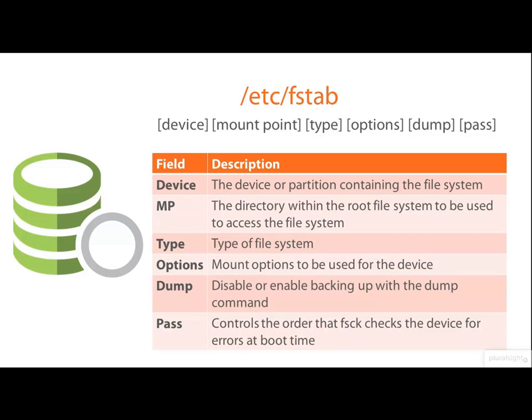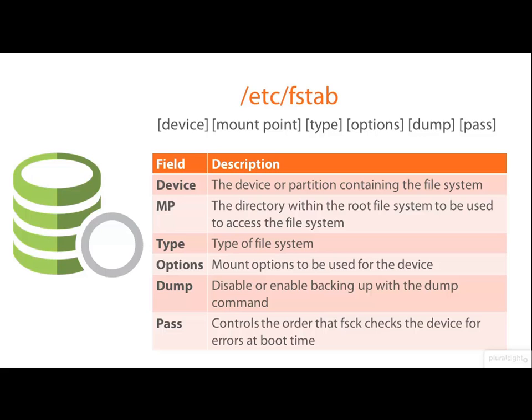When we look at the fields and their description, they're shown in the table, and we can see that this is going to be the device or the partition, but we can also use label or UUIDs as part of a naming standard as well. Then the directory that we want to mount to, and this must be a directory within the root file system.